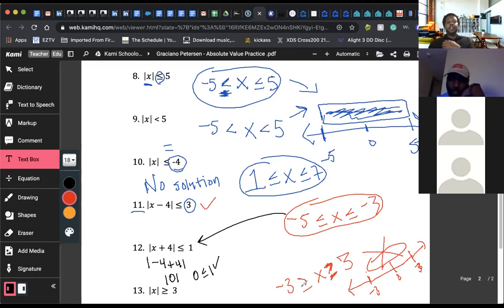So -3 is greater than or equal to x, so x has to be less than or equal to -3, or x needs to be greater than or equal to 3. I can't have x inside the range of -3 to 3.